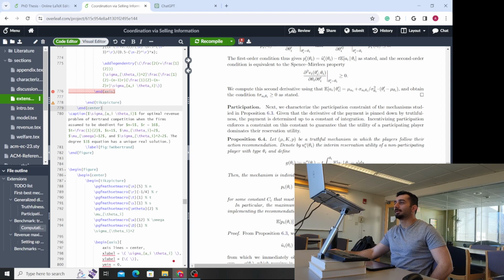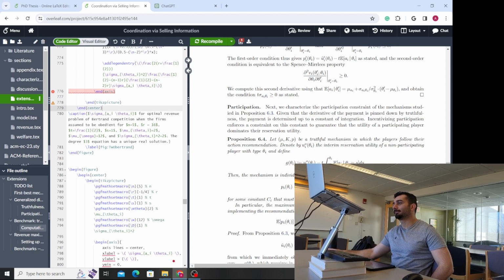So if G is upper bounded and the payment is this, Ci should be greater than or equal to the supremum of g of theta i.